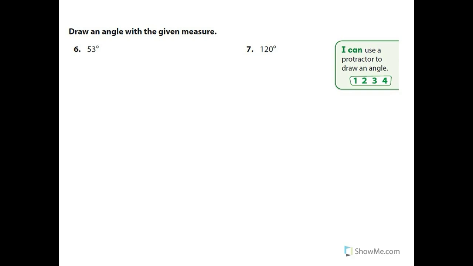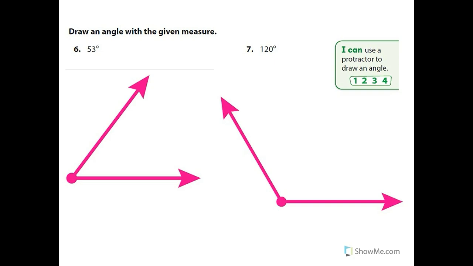It should look like this. Something like that is what the 53-degree angle should look like. Now draw the 120-degree angle, and I'll show you. This is what the 120-degree angle should look like. Something close to that.